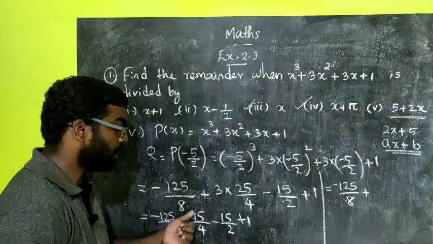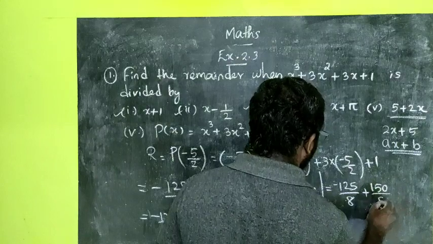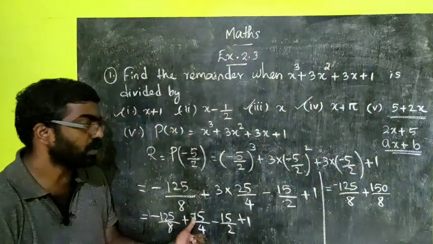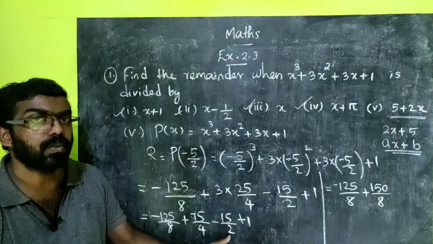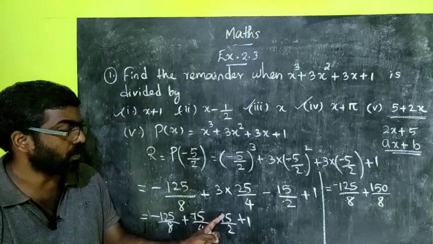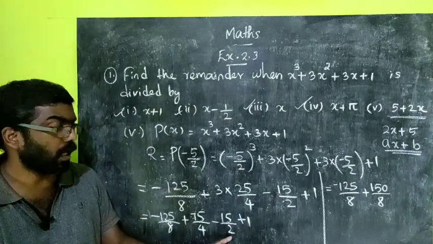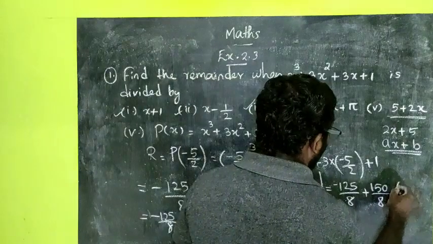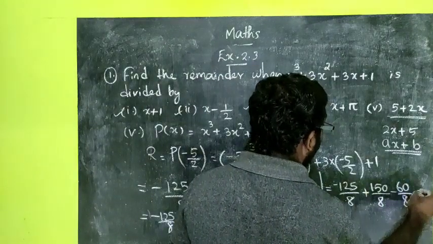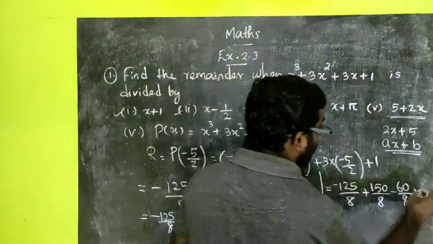So you have to take the double of this fraction. So 150 by 8. 75 into 2 is 150, 4 into 2 is 8. Here 15 by 2. We have to multiply both numerator and denominator by 4 in order to get the denominator 8. Okay. So 15 into 4, 15 into 4 is 60. So minus 60 by 8. Then plus 1. 1 can be written as 8 by 8.